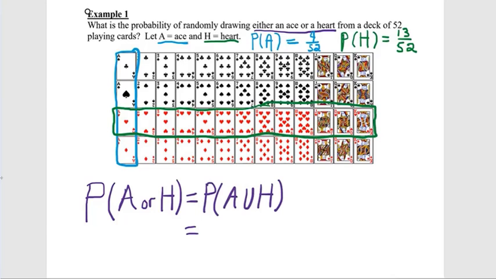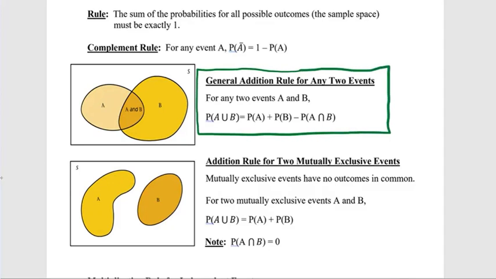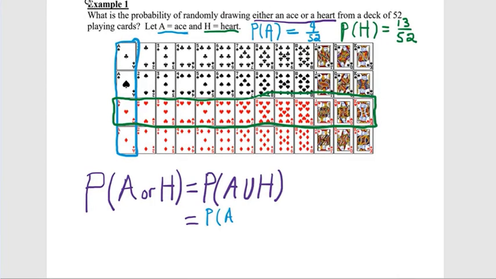So returning to the example, we'll find the probability of A or H, and we'll use the general addition rule for any 2 events, because that works in all situations. We'll take the probability of A, which is equal to 4 over 52, plus the probability of H, which is 13 over 52.